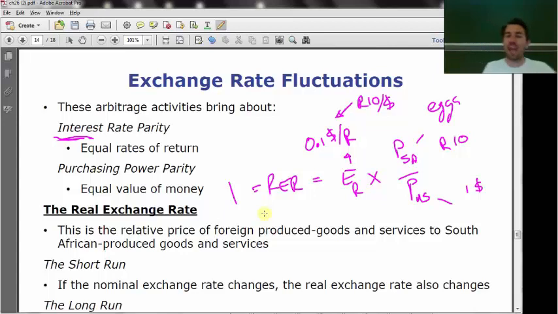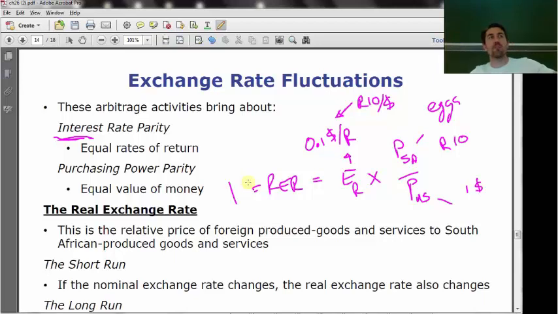So what can happen is if you have the price of goods and services in South Africa generally being greater than the price of goods and services in the US, you might find that the real exchange rate is in fact not 1, because we don't produce exactly the same stuff.